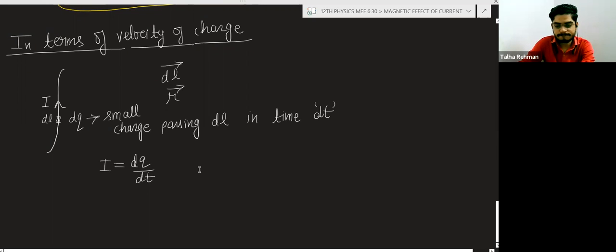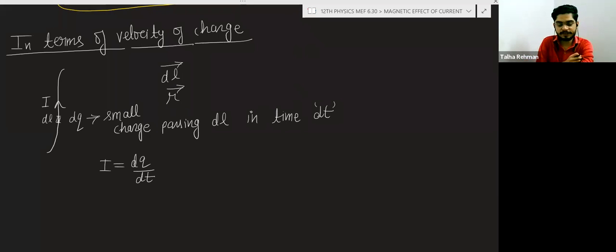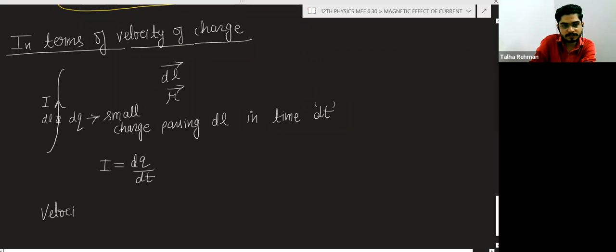Now charge is flowing in this wire, so there should be the velocity of the charge.